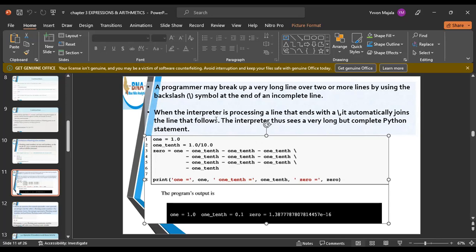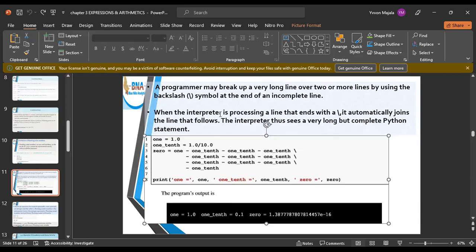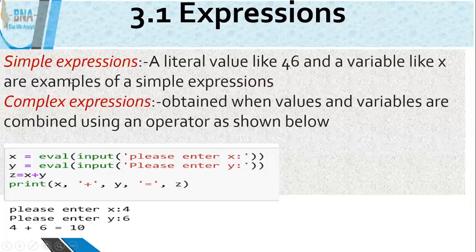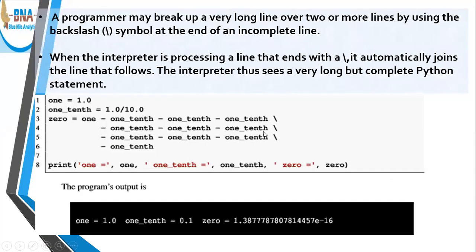Okay, so here the compiler sees this as one line, even though there is a backslash. So what you're saying is that those 4 lines, the compiler sees all of them as one line. Yes.